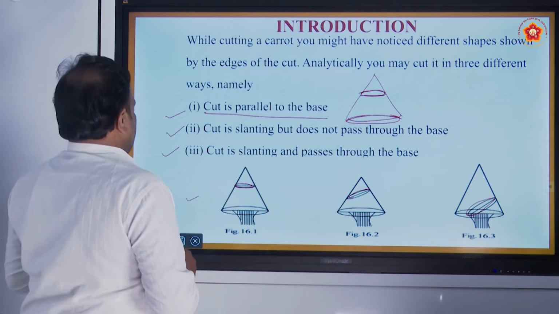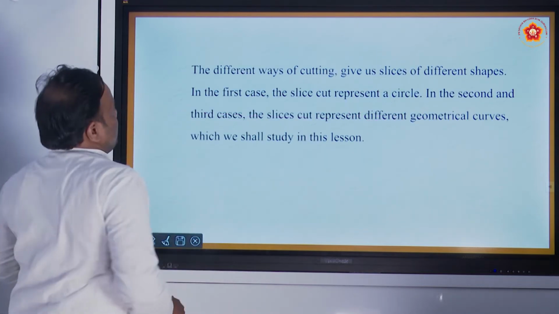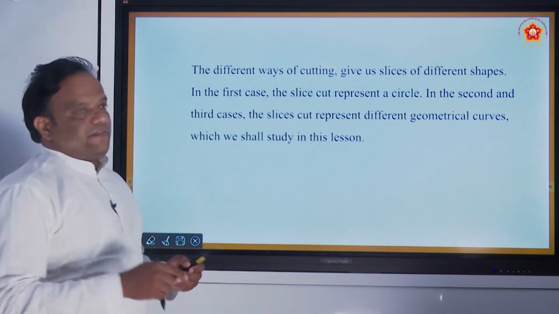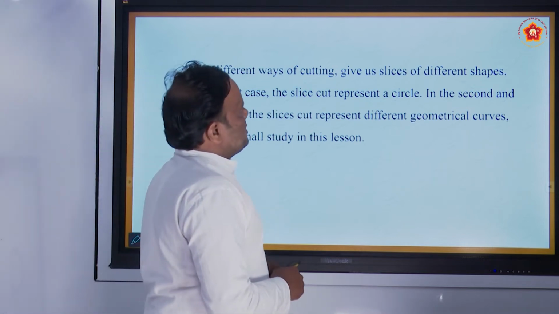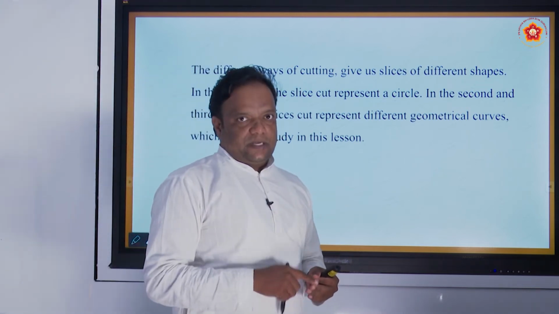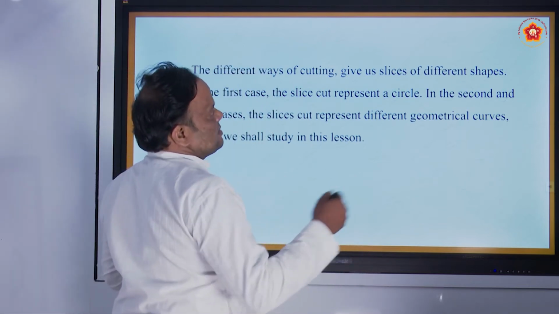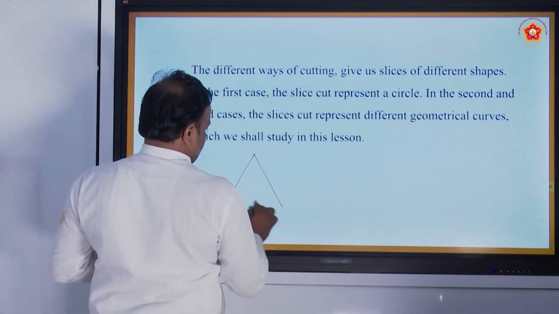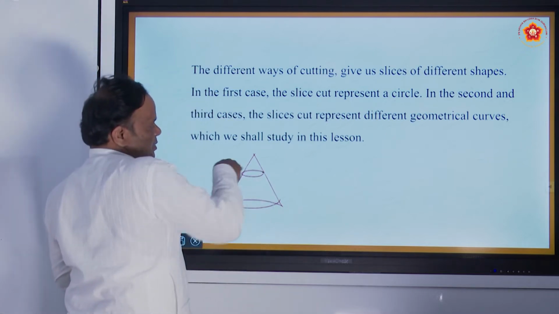Okay, let us see next. The different ways of cutting give us slices of different shapes. In the first case, the slice cut represents a circle. I told you, in the first case the slice represents a circle. This is the cone; you cut like this, parallel to the base.